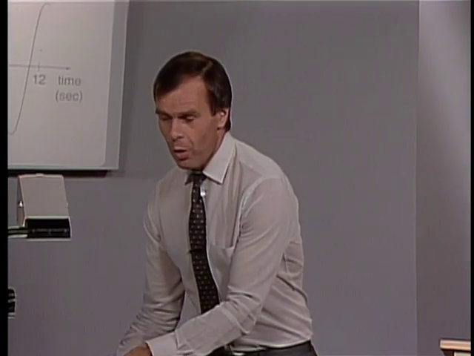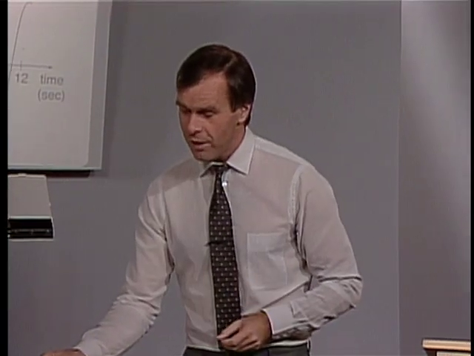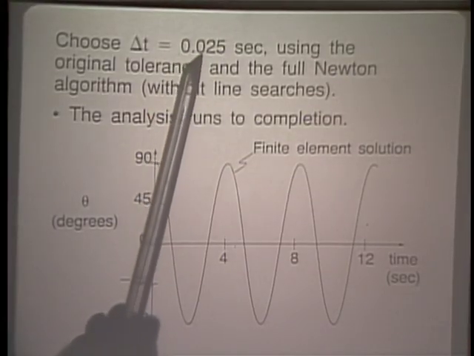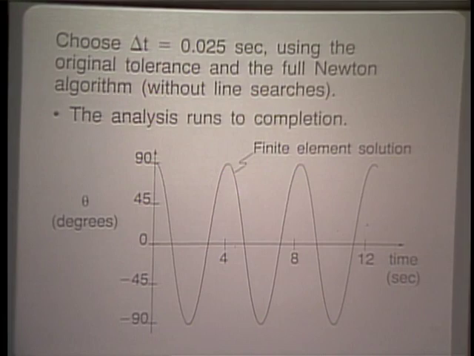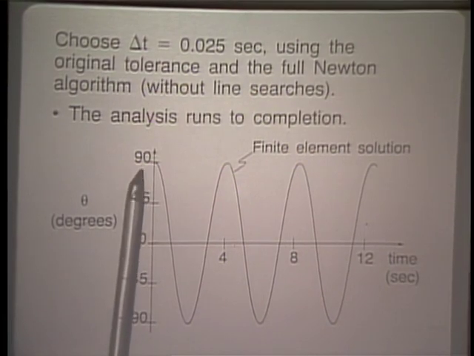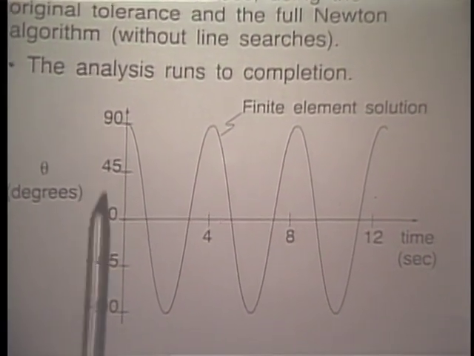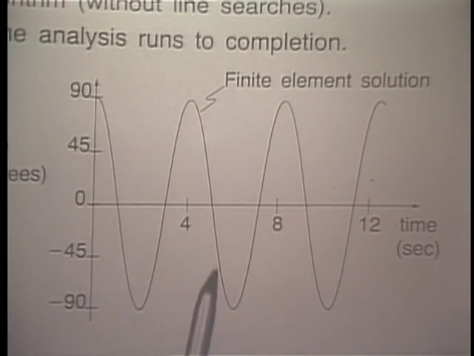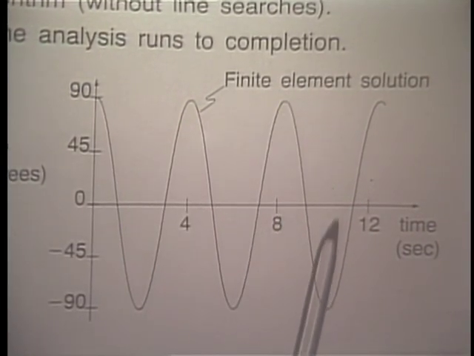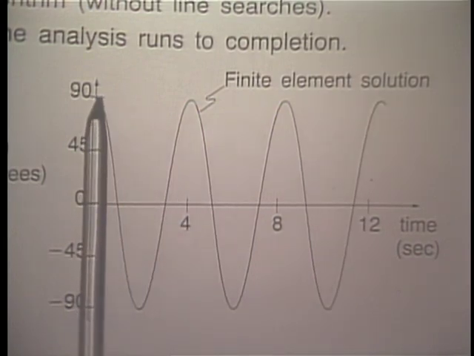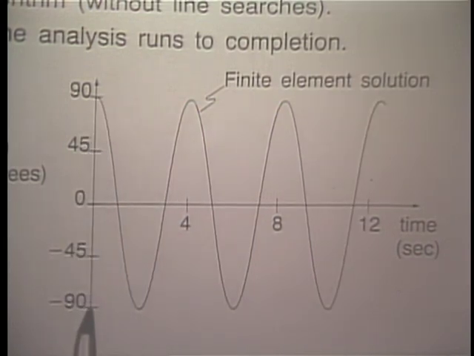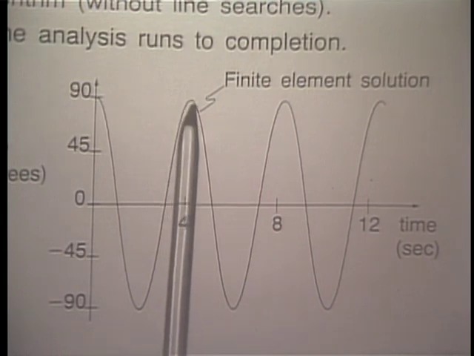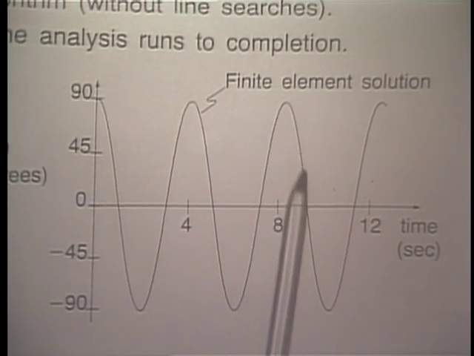So what we have to do now is to use a smaller time step, and we choose delta t equal to 0.025 seconds and repeat the analysis. Theta degrees here as a function of time, and once again a very nice smooth response solution. Starting with 90 degrees, going to minus 90 degrees, coming back to 90 degrees, and so on.